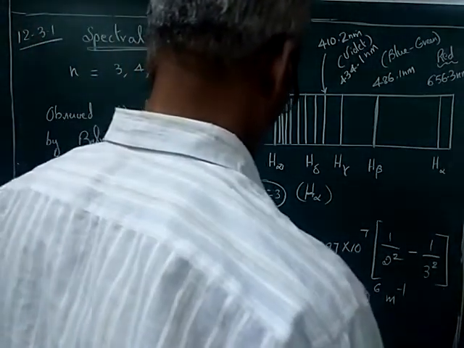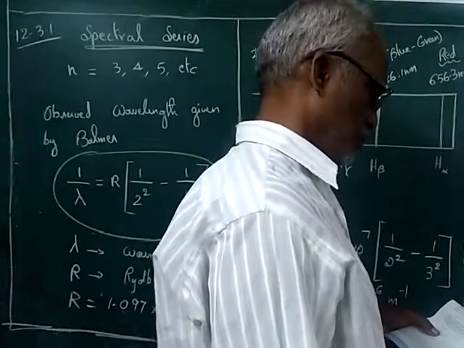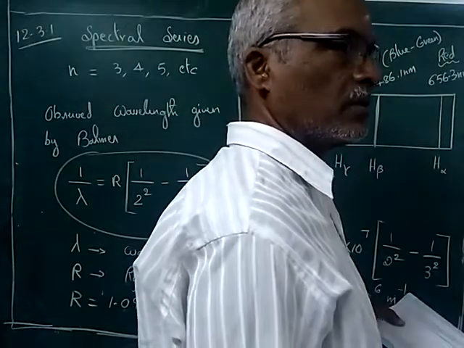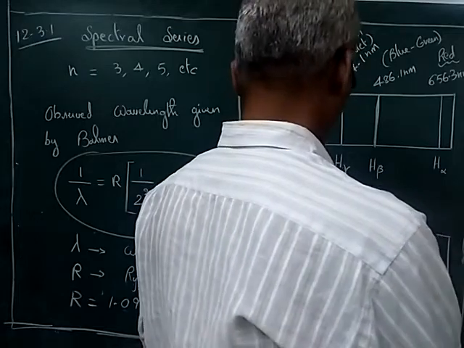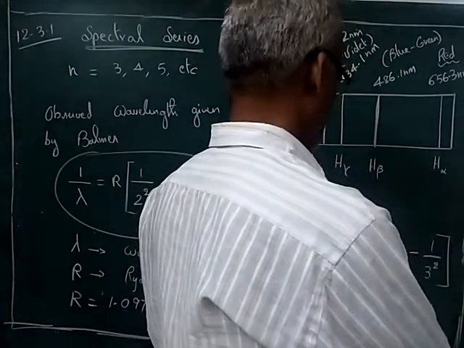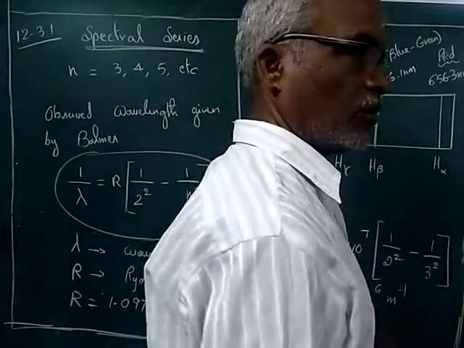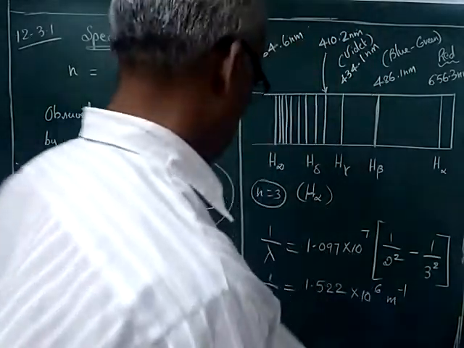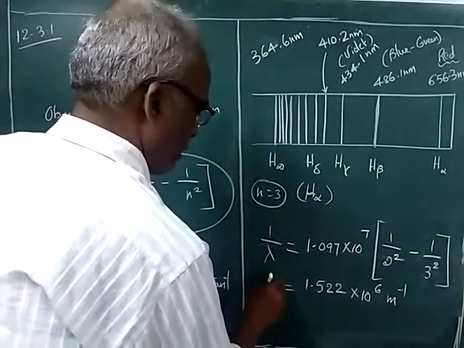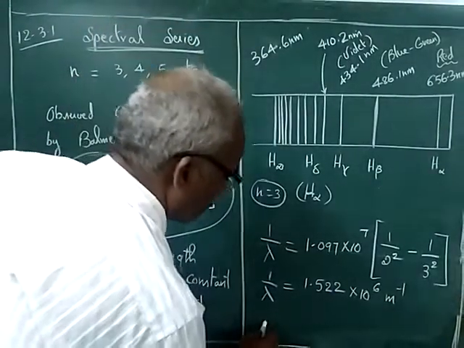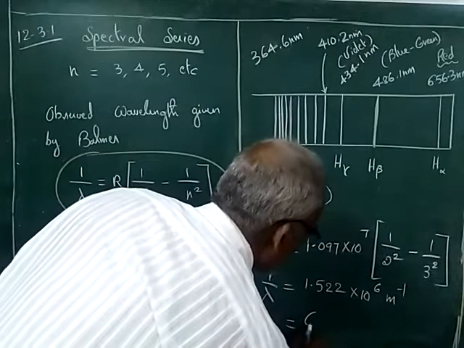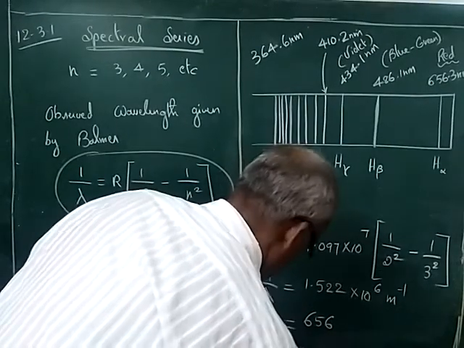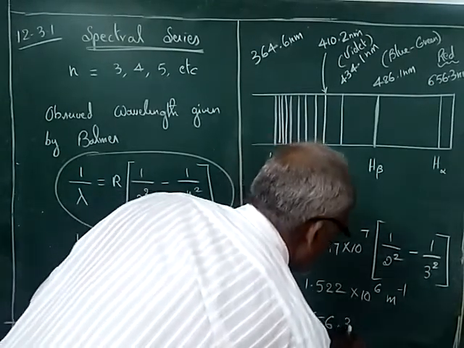Therefore, please check whether you are getting this result: 1.522 into 10 power 6 after simplification with a calculator. So 1 by lambda is this value. Therefore lambda is equal to 656.3 nanometer.